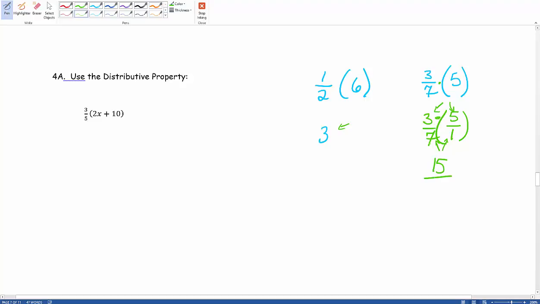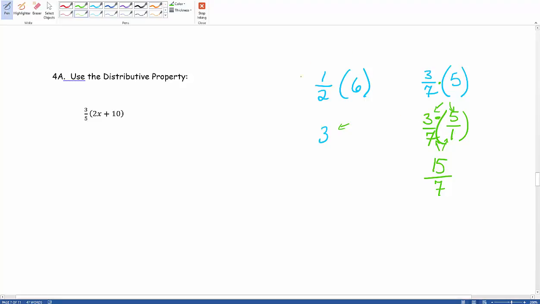And then on the bottom, we have 7 times 1, which is just 7. This would be incredibly hard to come up with if we were just given the original, but that is really the math happening behind the scenes. You multiply the numerator with the numerator and the denominator with the denominator.